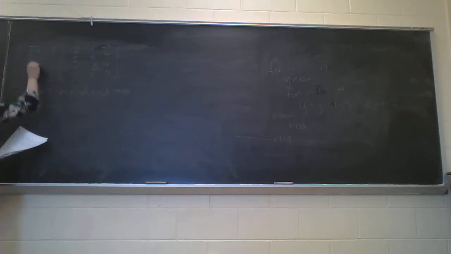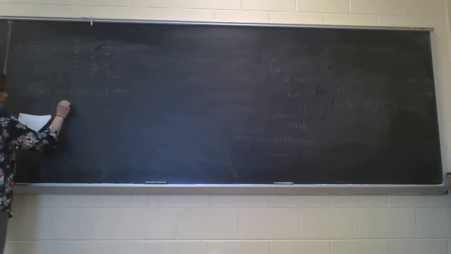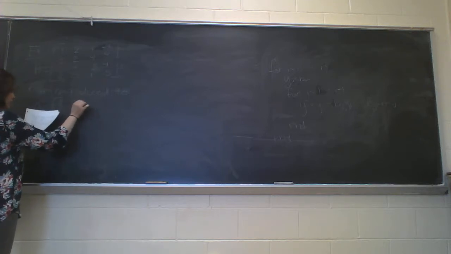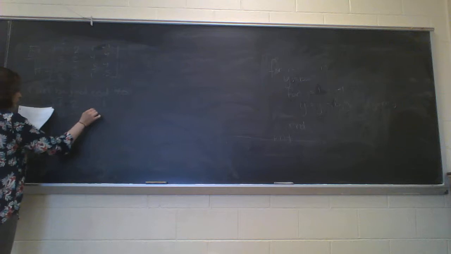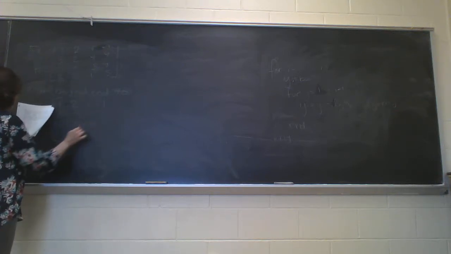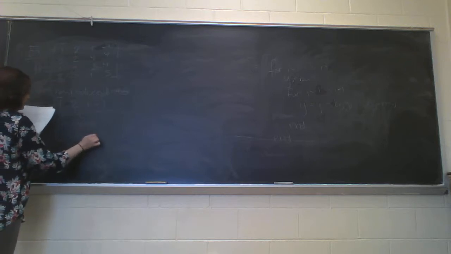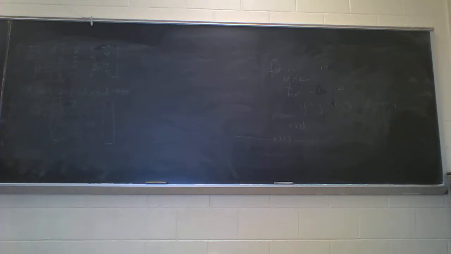So this is A to the upper triangular matrix, U, 1, 2, 1, 1. This is the upper triangular matrix that it's reduced to after we multiply by all these elementary row matrices.